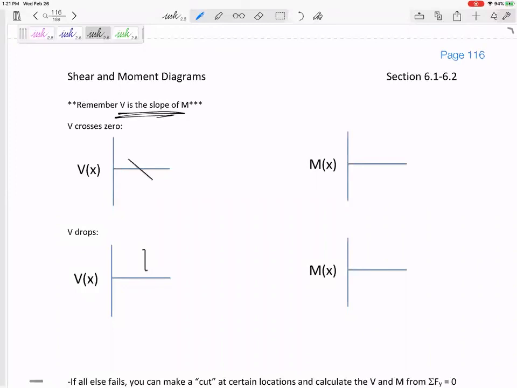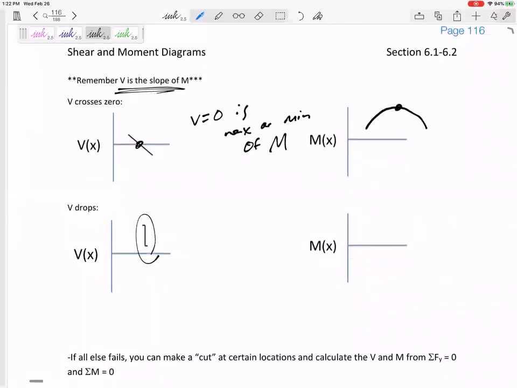It was positive, positive, positive. Then it became 0. Then it became negative. So it might look like this, where V crosses 0 is a max or minimum of the moment diagram. Correct, right? When V crosses 0, then my moment diagram is at the maximum or minimum.